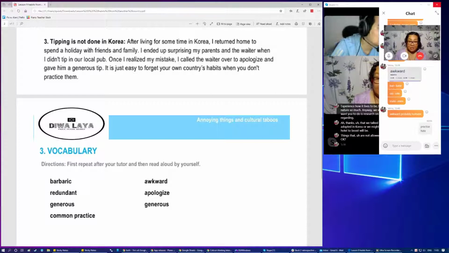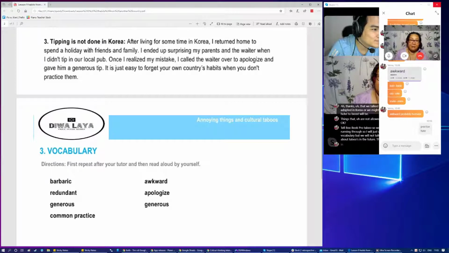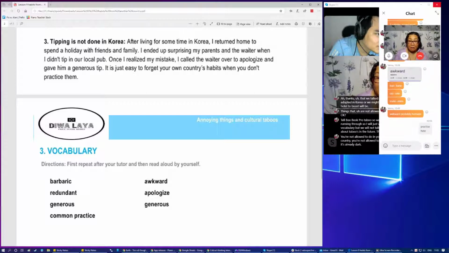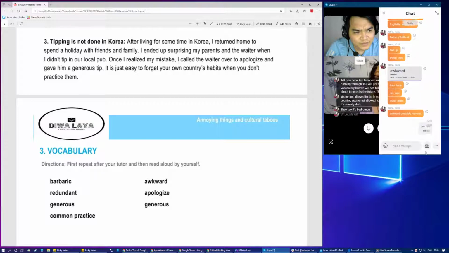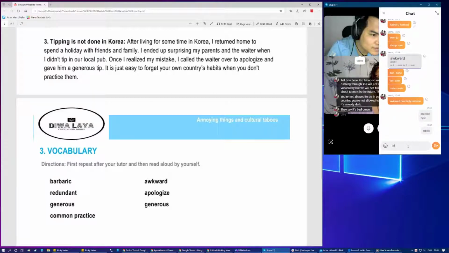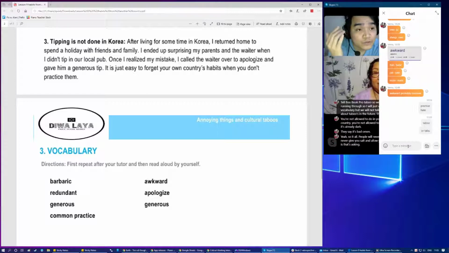That means things that you're not allowed to do in your country. For example, in my country, you're not allowed to give salt to a neighbor or anybody if it's already dark. They say it's a bad omen. Old people will never allow you to give salt or rice to whoever is asking, because it's wrong.